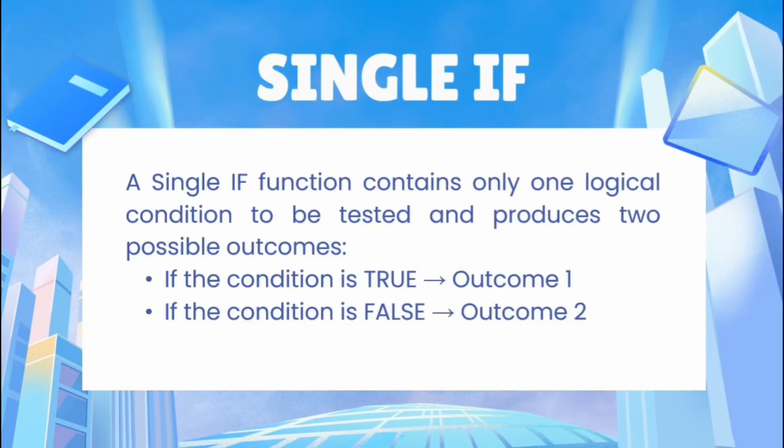This type of if function is usually used to check simple decisions, such as determining whether a student passes or fails, whether a number is above a target, or whether a value meets a certain requirement. So, single if is appropriate when the decision only needs one comparison and produces two outcomes.